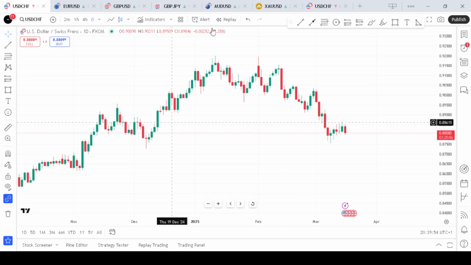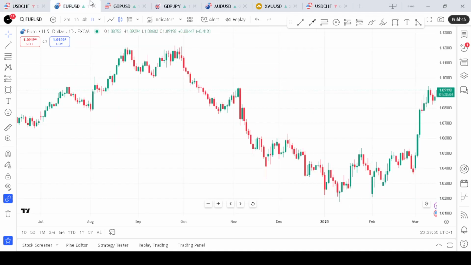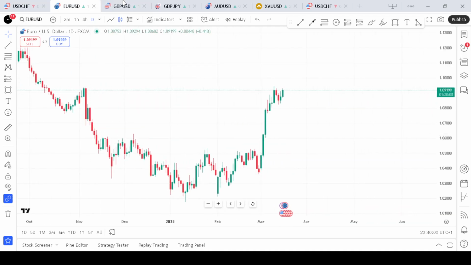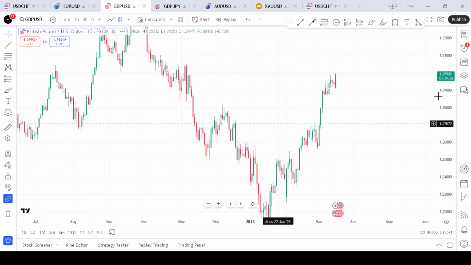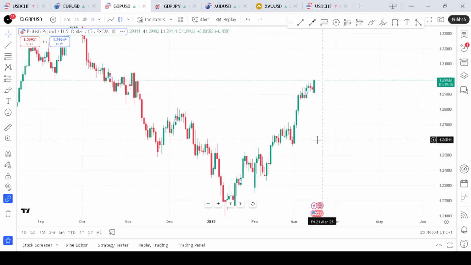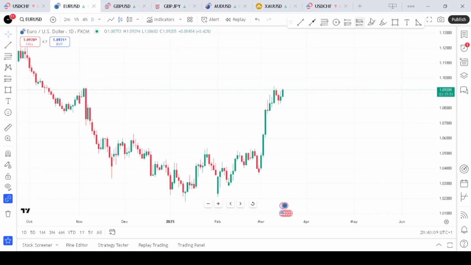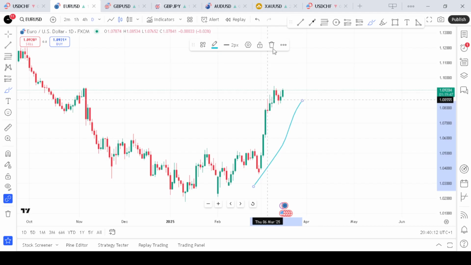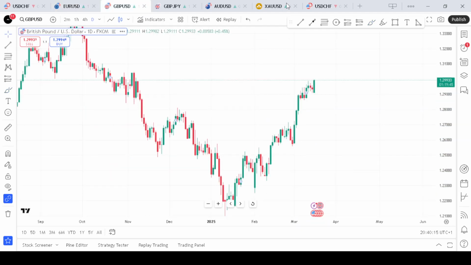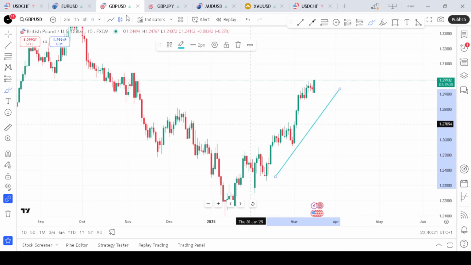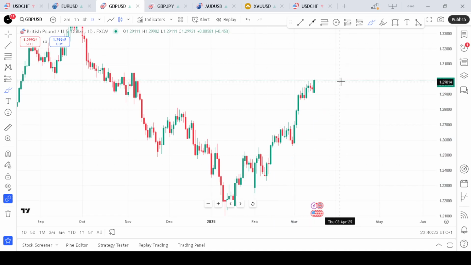And as you can see, we have positive correlation between the EUR/USD and the GBP/USD. More often than not, they move in the same direction. Price at this stage is moving to the upside on the EUR/USD, while the GBP/USD is still moving to the upside. This is the positive correlation these pairs have with each other.